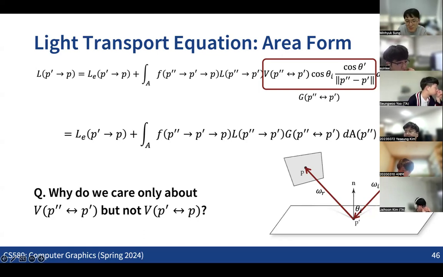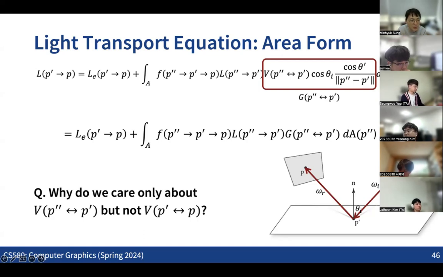Does it make sense? Think about how we are doing ray tracing. We start from a pixel of the image plane, shoot a ray into a specific direction, and then find the intersection point. Let's say P is a point over the image plane, and P prime is the first intersection point along that direction.